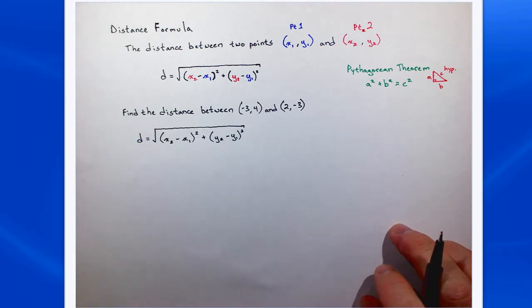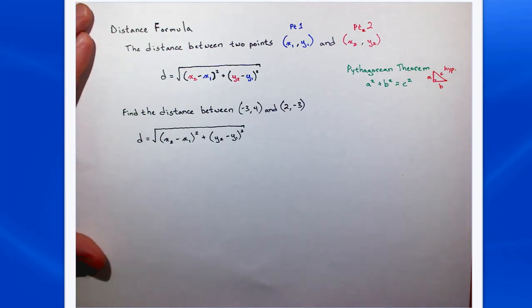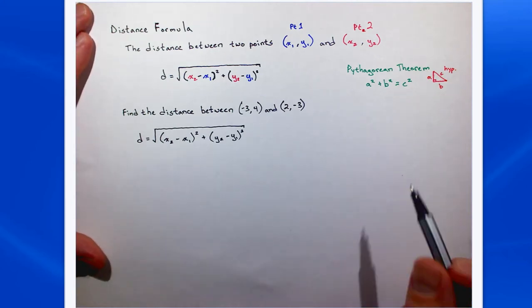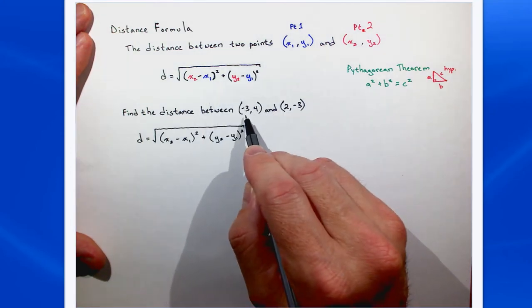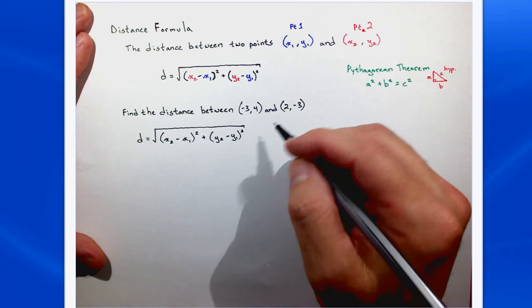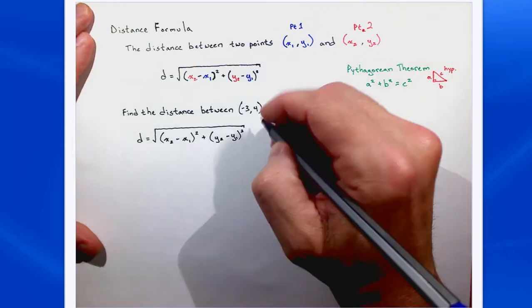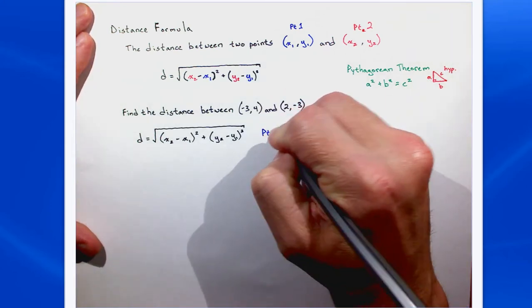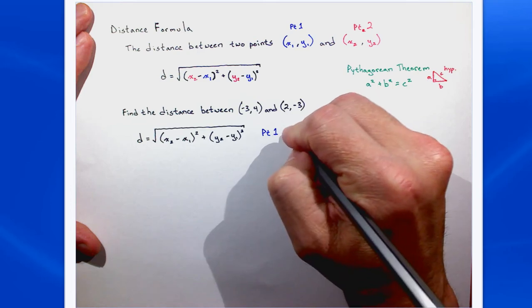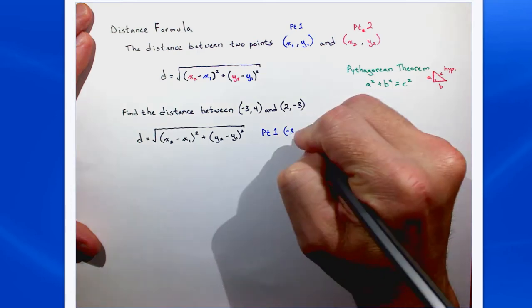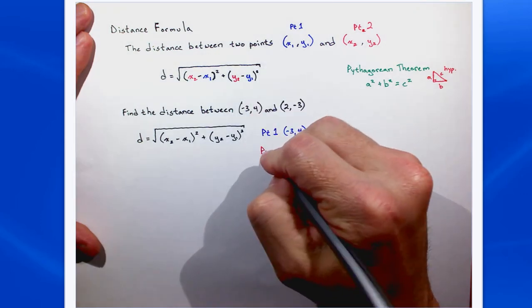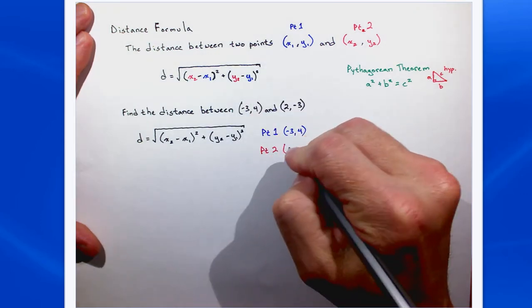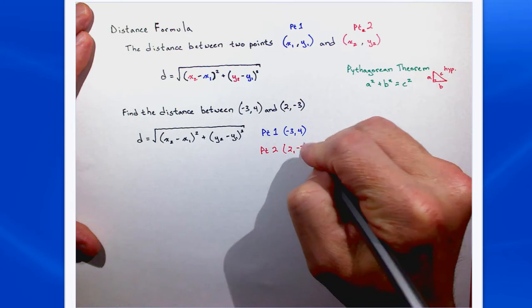So let's work a problem to be able to talk about it and articulate it. The first thing is I will use colors like I did up here, so that you can more readily see where everything's going. So point 1 is going to be -3, 4, and point 2 will be 2, -3.